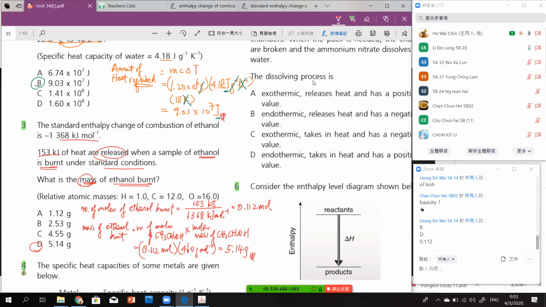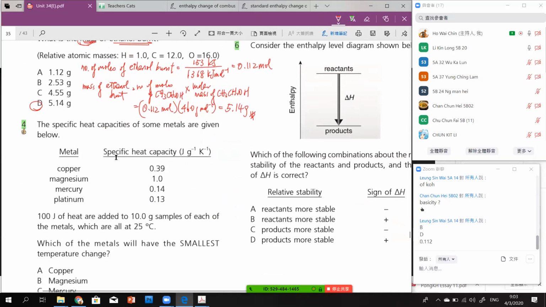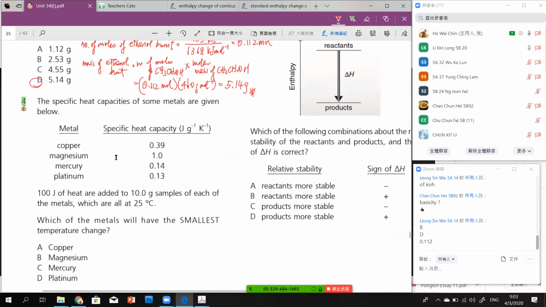Question? If not, take a look at the next one. The specific heat capacity of some metals are given below. It is a physics question, isn't it?